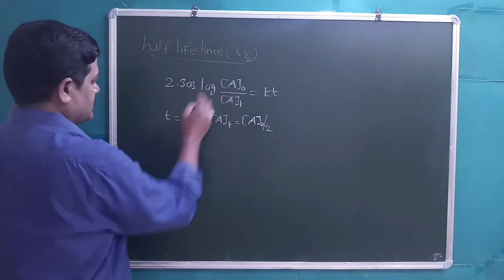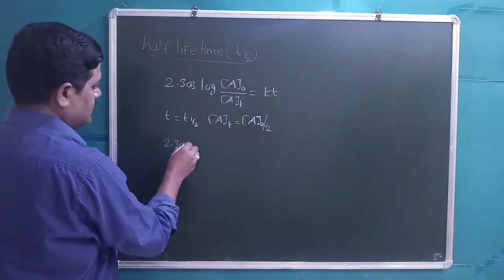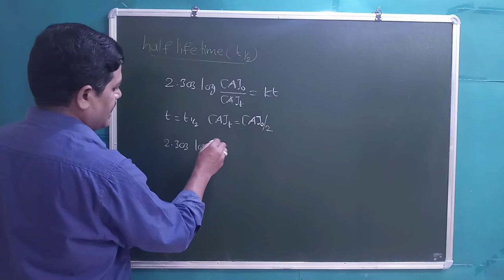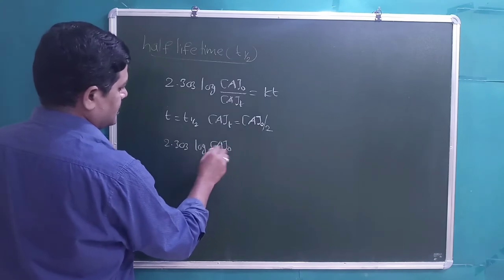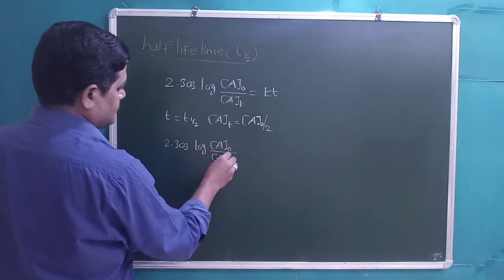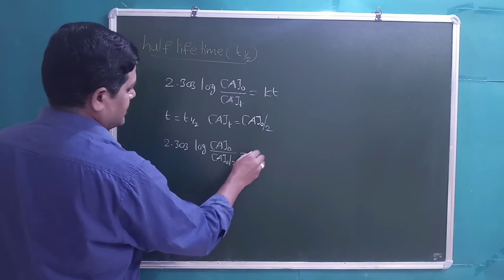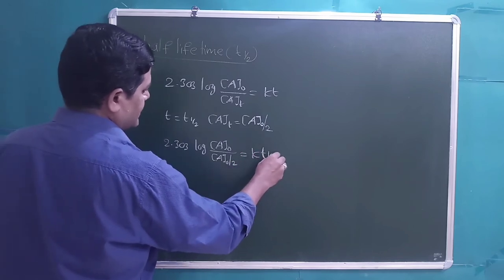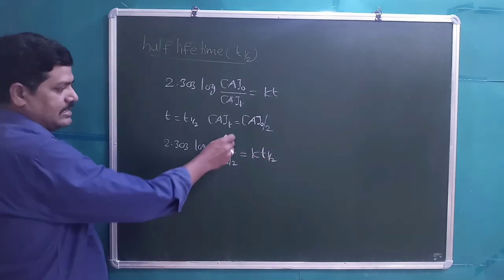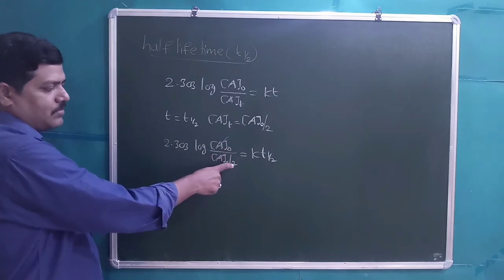Let us substitute these values in this expression. 2.303 log A naught divided by A naught by 2 is equal to k into t half. Students, A naught gets cancelled. 1 by 1 by 2 is 2.